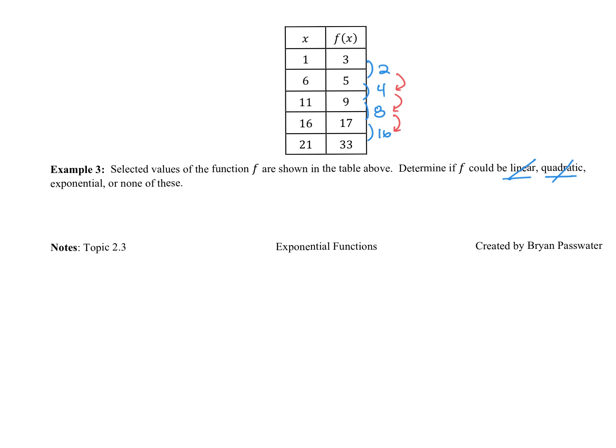So is it exponential? Yes, it is exponential. Because what's happening from 2 to 4 and 4 to 8 and 8 to 16? It's multiplying by 2. And so this is an exponential function, and I want to give a reason.